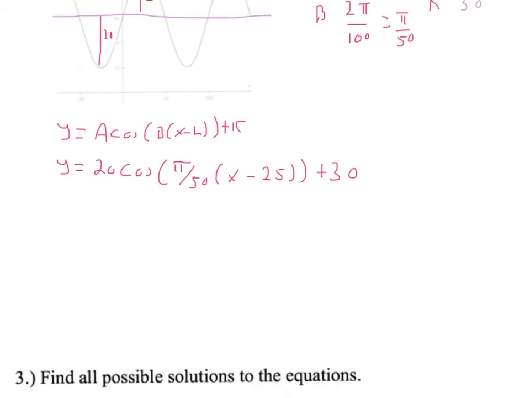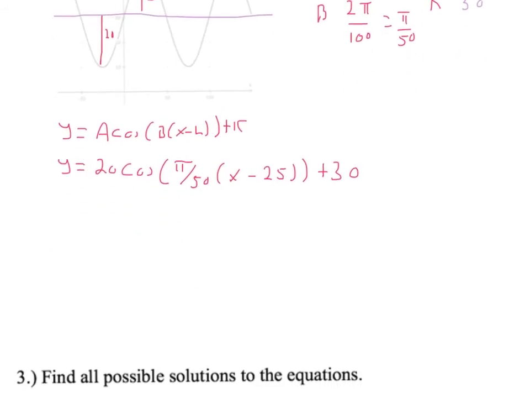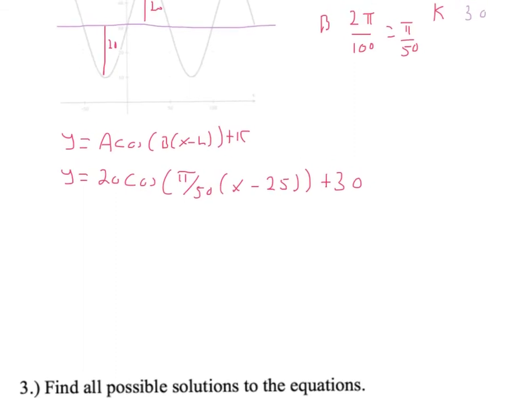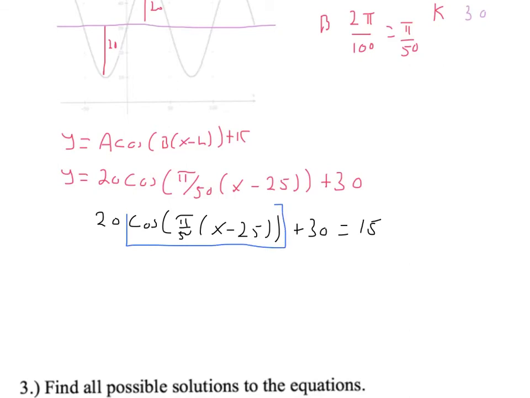We now want to set this equation equal to 15. So 20 times the cosine of pi over 50, x minus 25, plus 30 is equal to 15. Again, whenever we're solving a trigonometric equation, we want to get this part by itself. So the cosine of pi over 50 times x minus 25 is equal to negative 0.75.